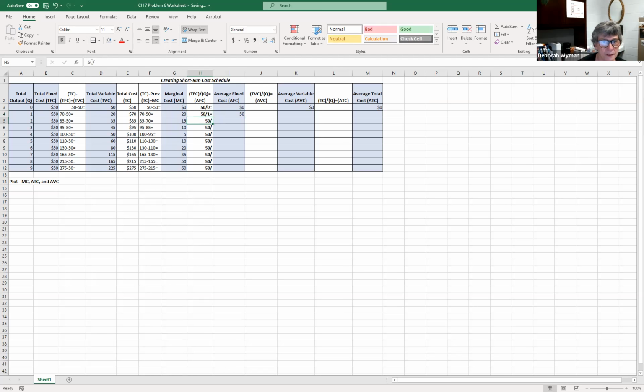And then we have 50 divided by 2. It's 25. 50 divided by 3 is 17. And we're rounding here. So, you know, you want whole numbers. 50 divided by 4 equals 13. Keep forgetting my equal signs.